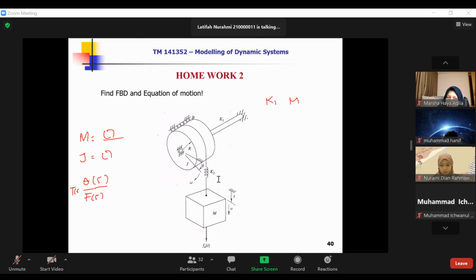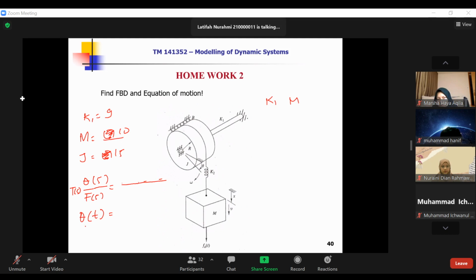So this is our transfer function, and you had it before. Everything is in symbolic and you can find it. But now, if it has values, let's say this one is 16, this one is 10, and K1 is 9, and so on, what is theta as a function of T?